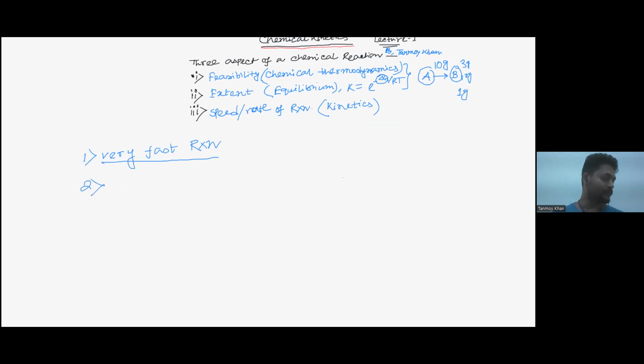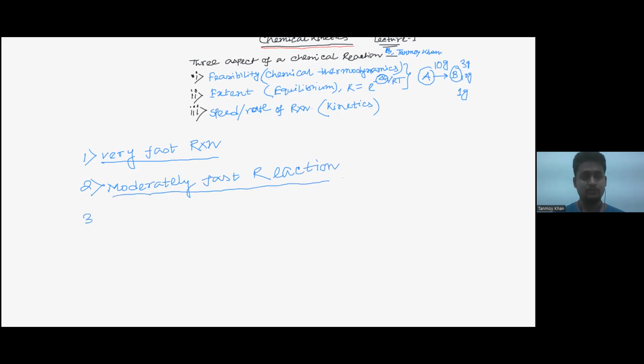Second one is moderately fast reaction. The number three is very slow reaction.